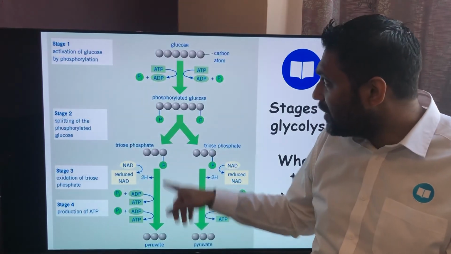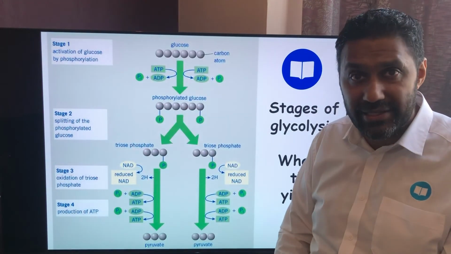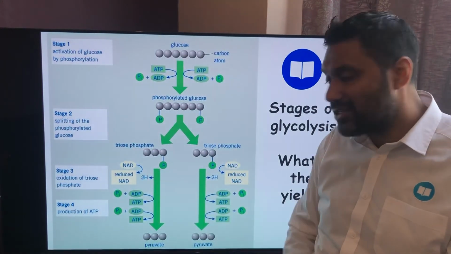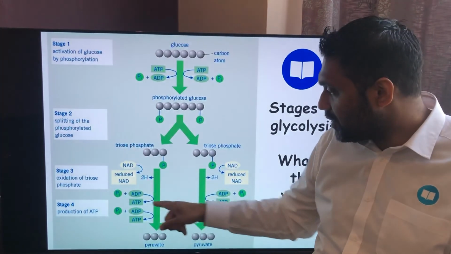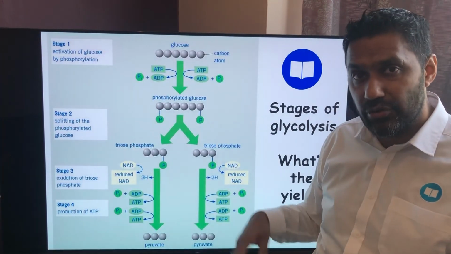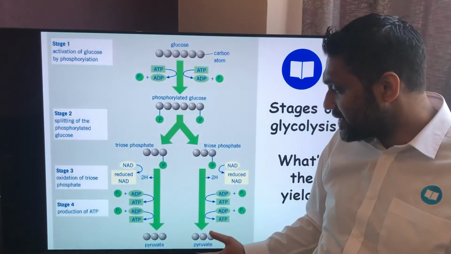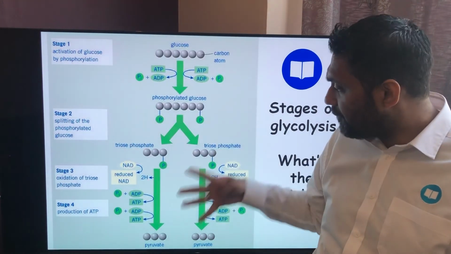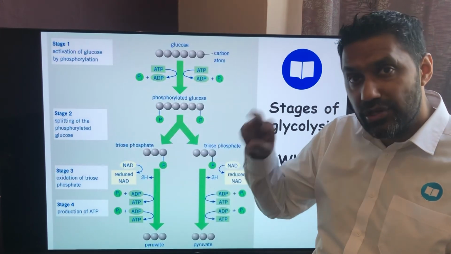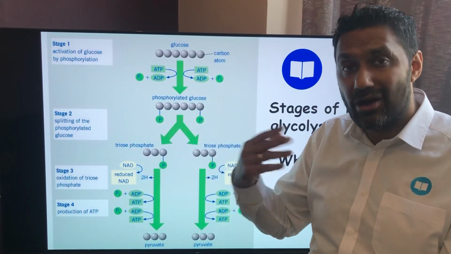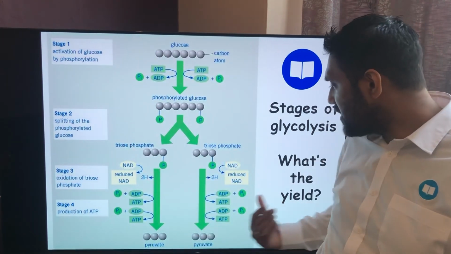So here I've used 2 ATPs, but how many did I get at the end of it? I got 4. Got 1 there, 1 there, 1 there, 1 there. So the net yield of ATP is 2. Because you got 4, take away 2, so you've got 2 overall that are extra. So the yield for ATP is 2.